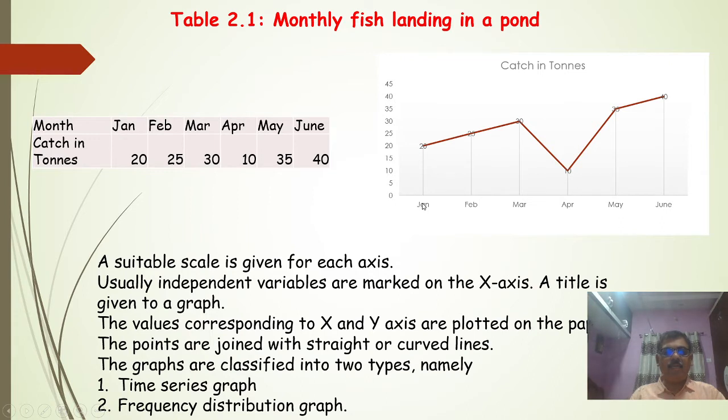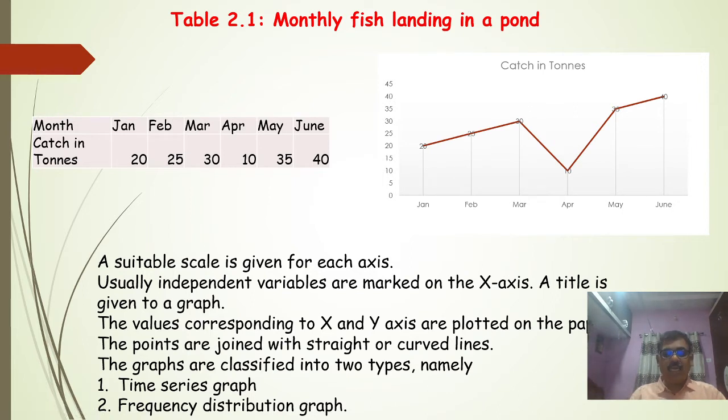In January it is 20 tons, then February 25 tons, March 30 tons, April 10 tons, then May 35, and June 40. This is the graphic representation of the data, and we call it a graph.